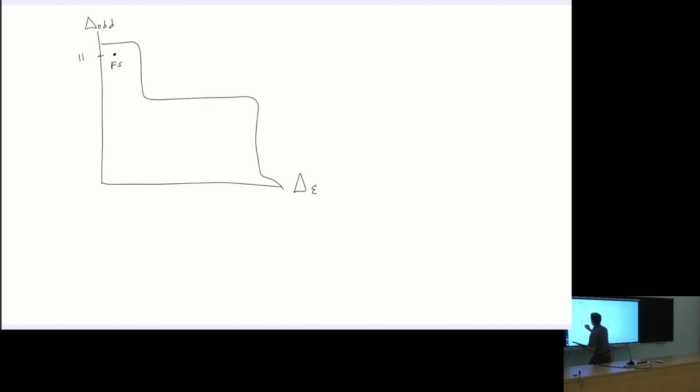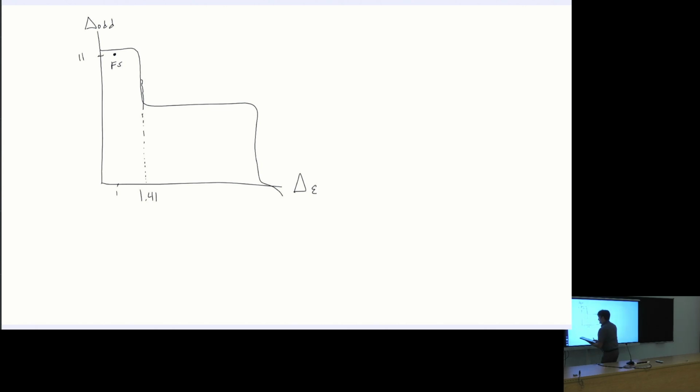One interesting surprise in this plot is that the stress tensor bootstrap seems to know something about the 3D Ising model, because there's a sharp drop in this allowed space right around delta epsilon of the 3D Ising model, 1.41.